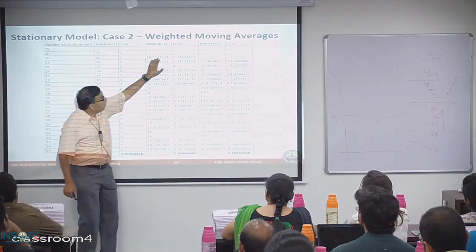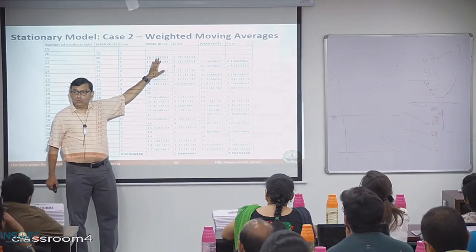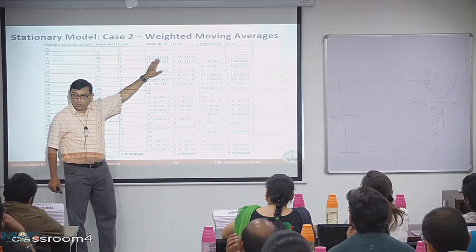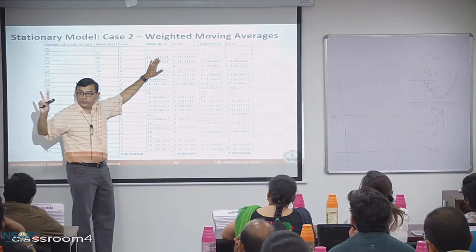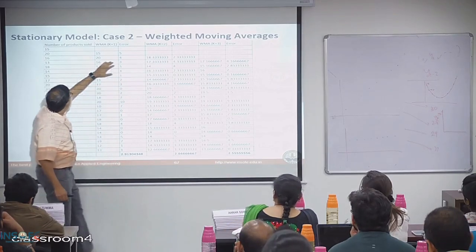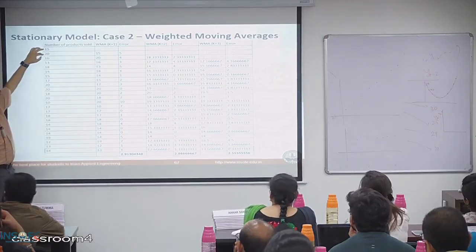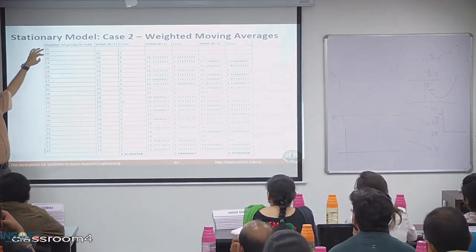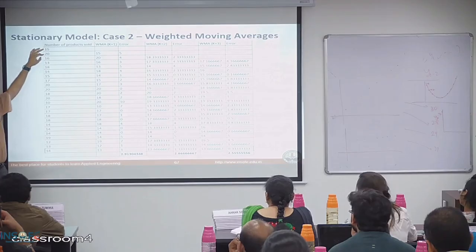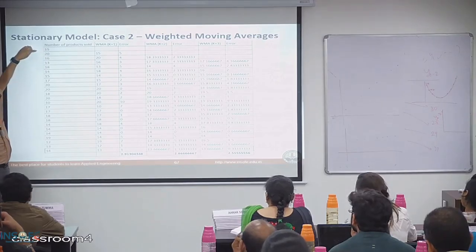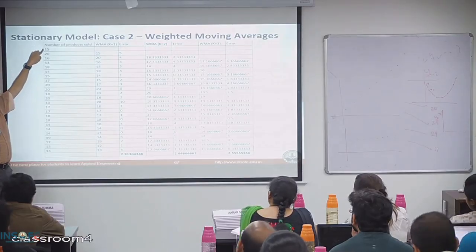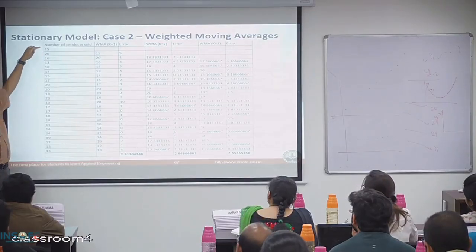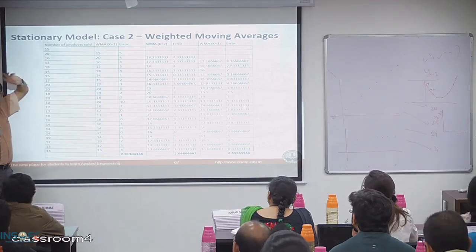For the weighted moving average of window 2, I'm going to look at the previous 2 months' sales values. The previous 2 months' sales values are 20 and 15. So I'm choosing window size 2, right? So 2 times 20 plus 1 times 15 divided by 2 plus 1, so divided by 3.